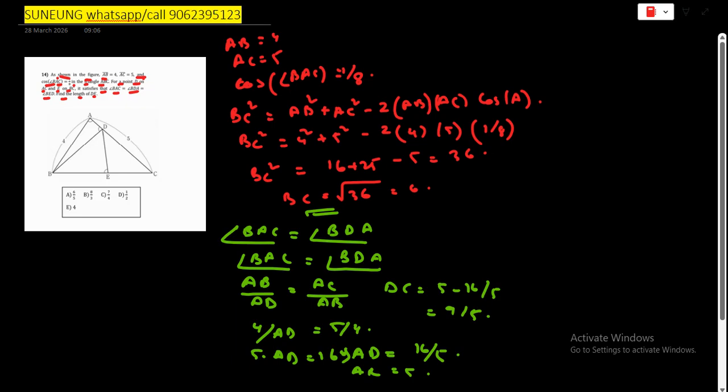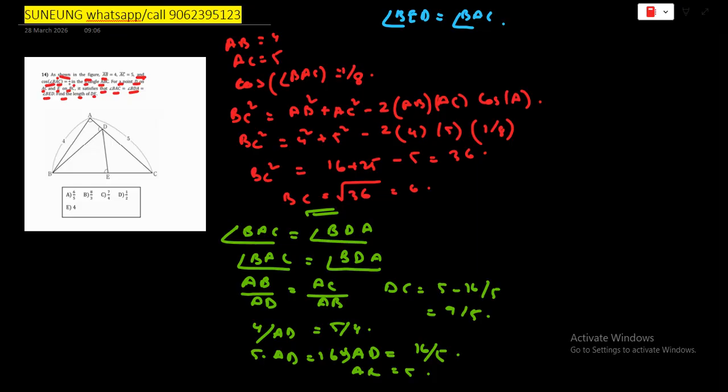Now from the last step, we are told angle BDA is equal to angle BED. Now let's look at angle EDC and the big triangle ABC. Both share angle C in common, and angle EDC is 180 degrees minus angle BDA.